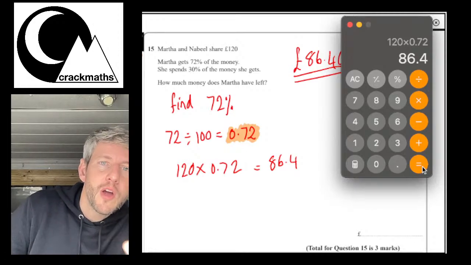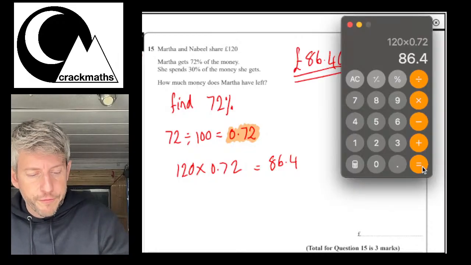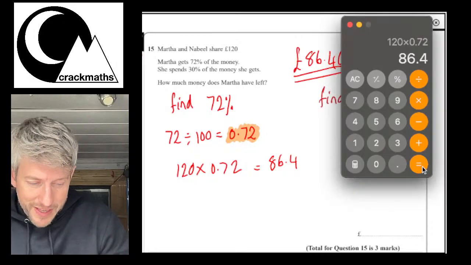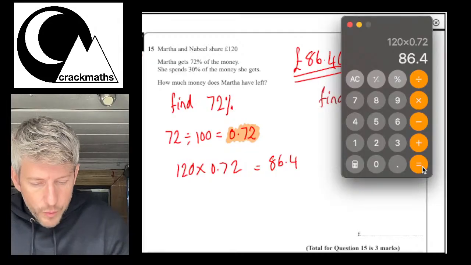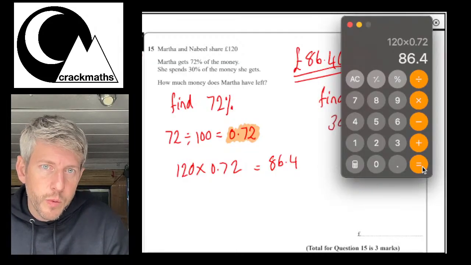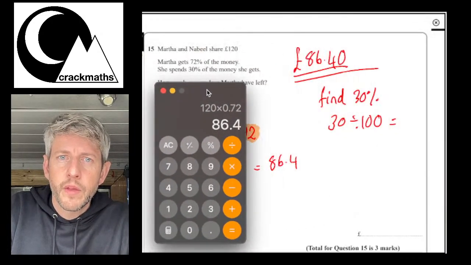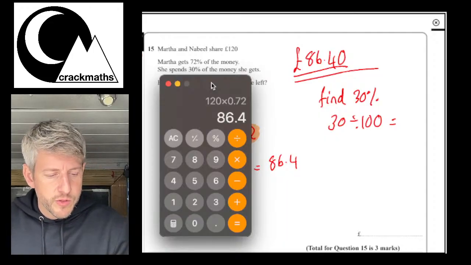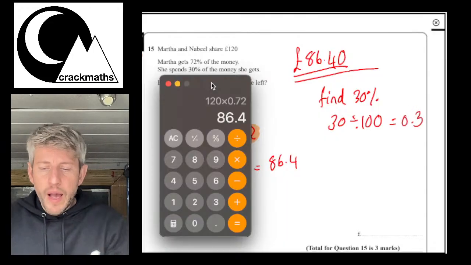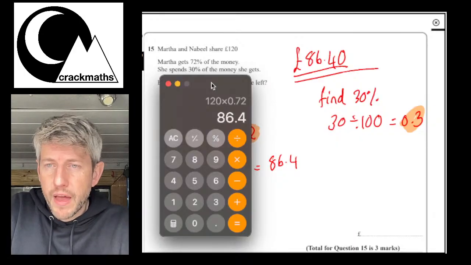Okay, so we can do the same principle here. So if we want to find 30%, we do 30 divided by 100, which equals 0.3. Now, any number I multiply by 0.3 will give me 30% of that number.